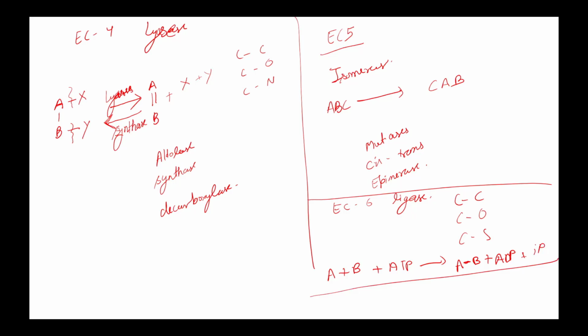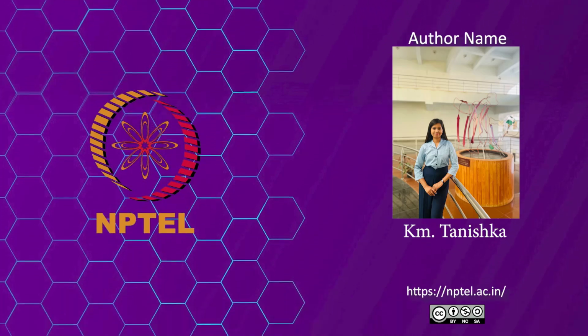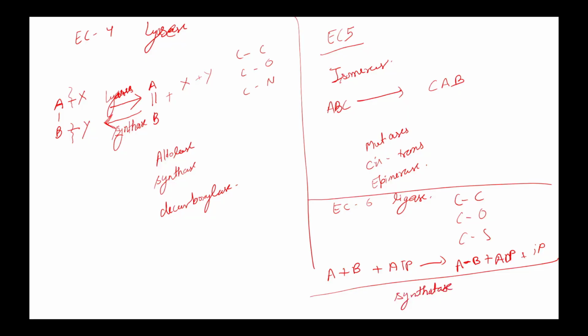All the synthetases come in this category. Carboxylase is also an example of this group. Other than that, we have the new class of enzyme, EC7, translocases.